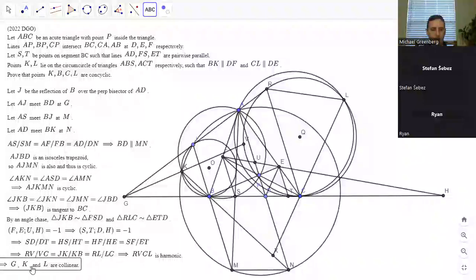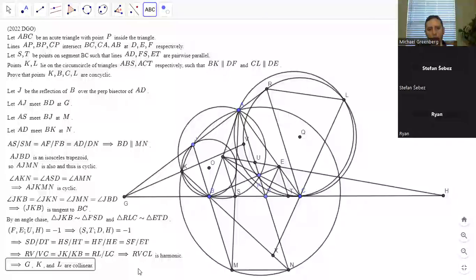Once we know those are collinear, the idea was that inversion at G with radius the square root of GB times GC swaps those two tangent circles.